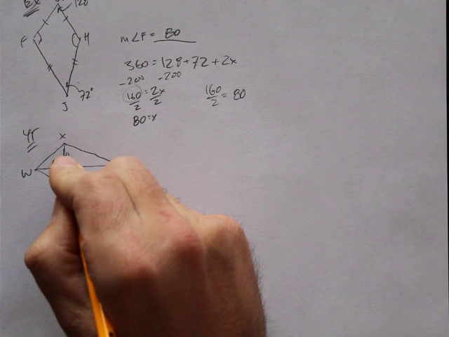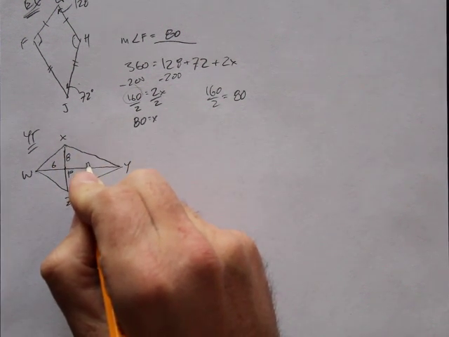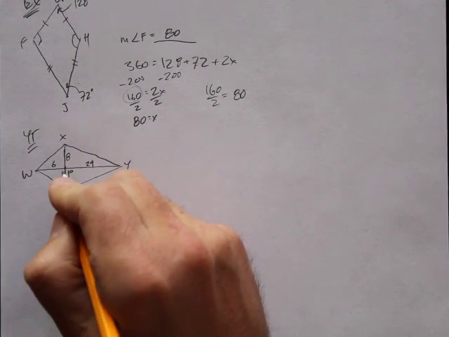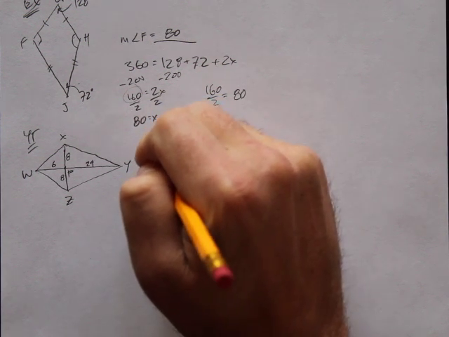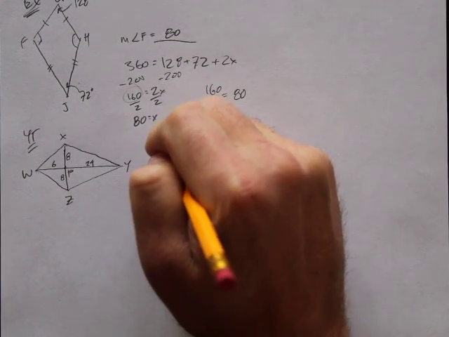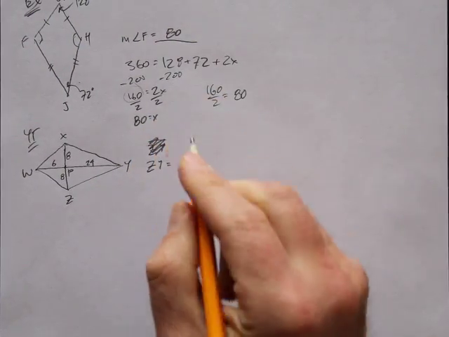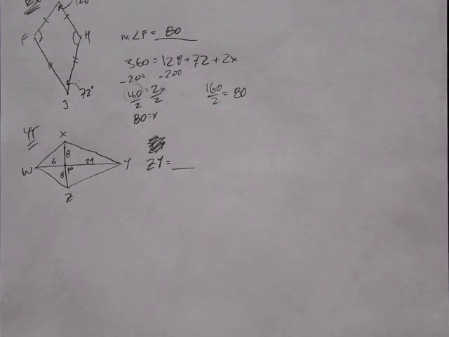XP is 8. PY is 24. And PZ is 8. And I want to know what is the measure of ZY? All right, so that's this one right here.